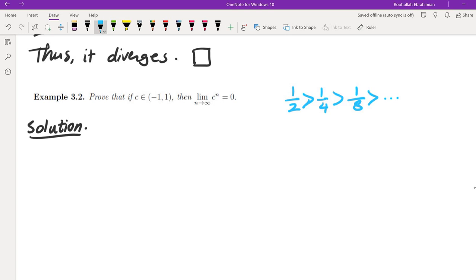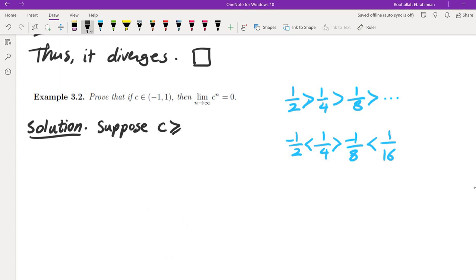But if c is -1/2, then it is not quite decreasing or increasing. It is oscillating. So it becomes larger, then it becomes smaller, then it becomes larger, but its absolute value becomes smaller. So what we are going to do is we're going to have to take two cases. So first, suppose c is greater than or equal to 0.